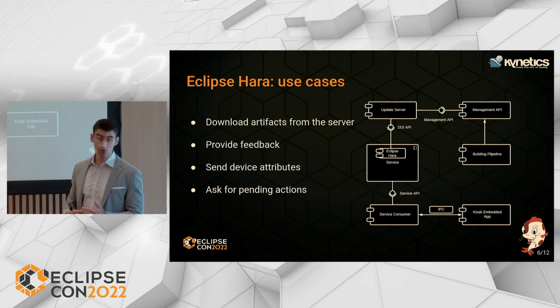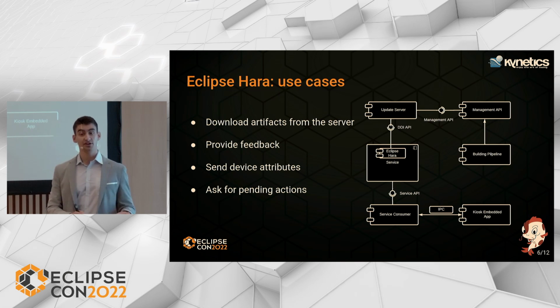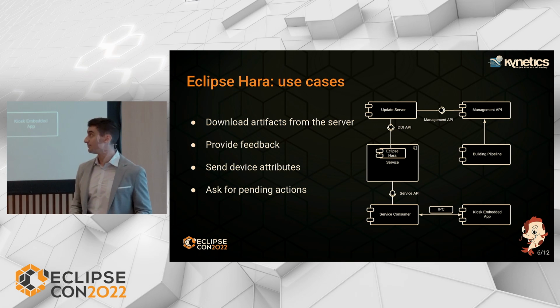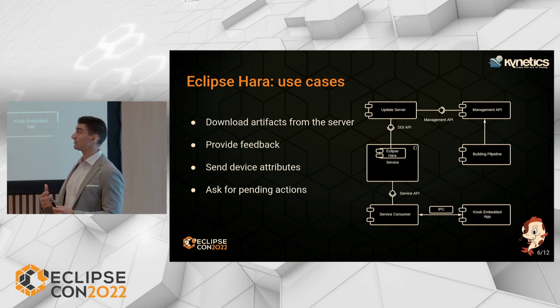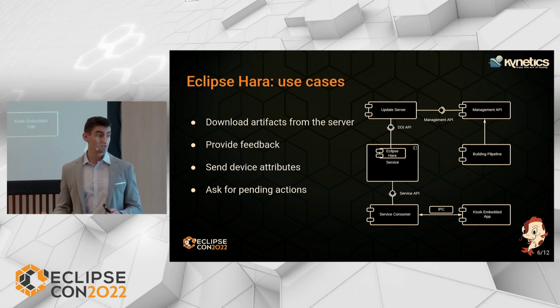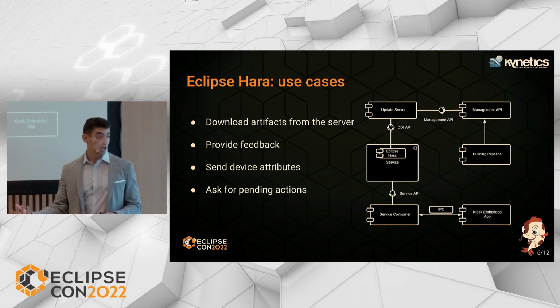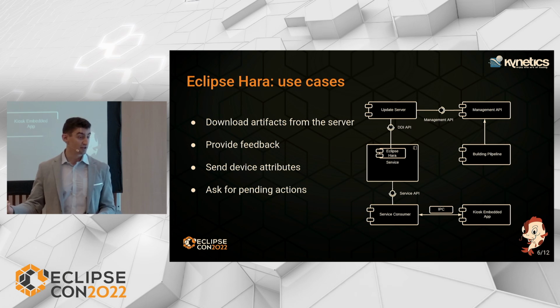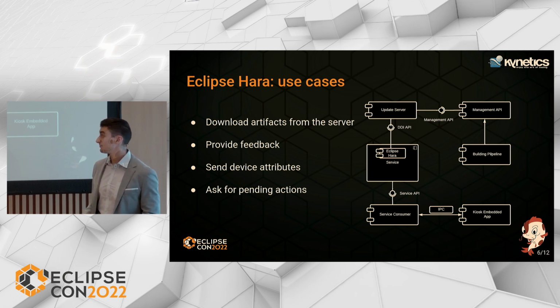So this feedback loop, again, is not the responsibility of the service anymore, but is entirely taken care of by Hara. Then we have other use cases, for example, sending device attributes, which can be actually anything from the version of the operating system to sensor readings, for example, in embedded devices or in IoT devices.